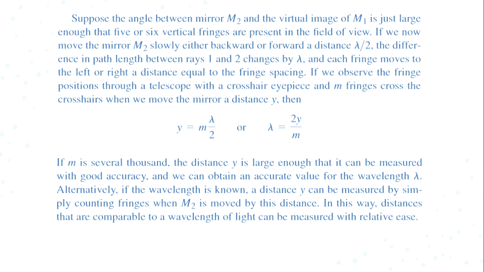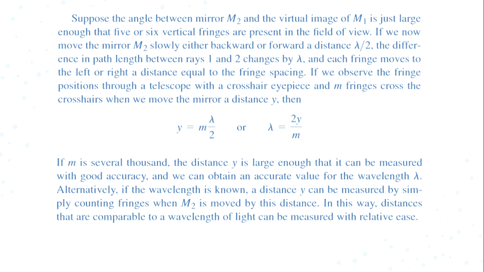If we observe the fringe positions through a telescope with a crosshair eyepiece and m fringes cross the crosshairs when we move the mirror a distance y, then y equals mλ/2, or λ is equal to 2y/m. So if m is several thousand, the distance y is large enough that it can be measured with good accuracy, and we can obtain an accurate value for the wavelength.